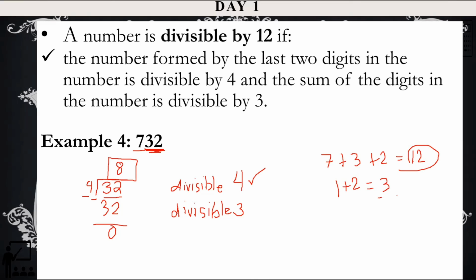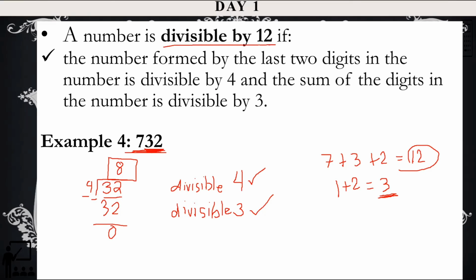So, therefore, 732 is divisible by 4 and also it is divisible by 3. And if it is divisible by both 4 and 3, then our 732 is divisible by 12.